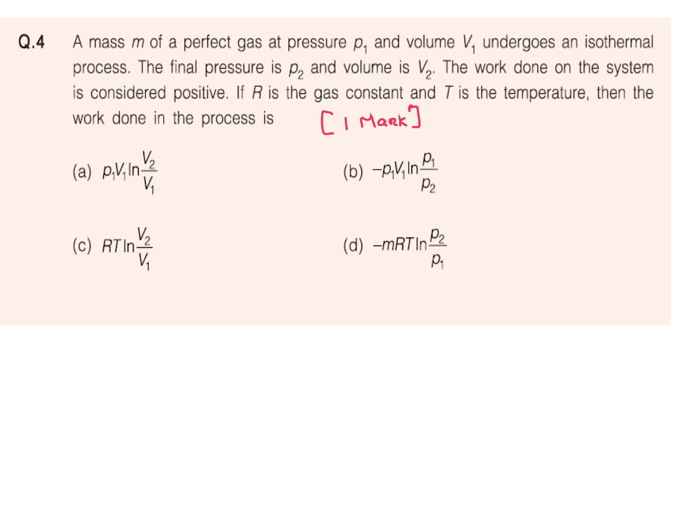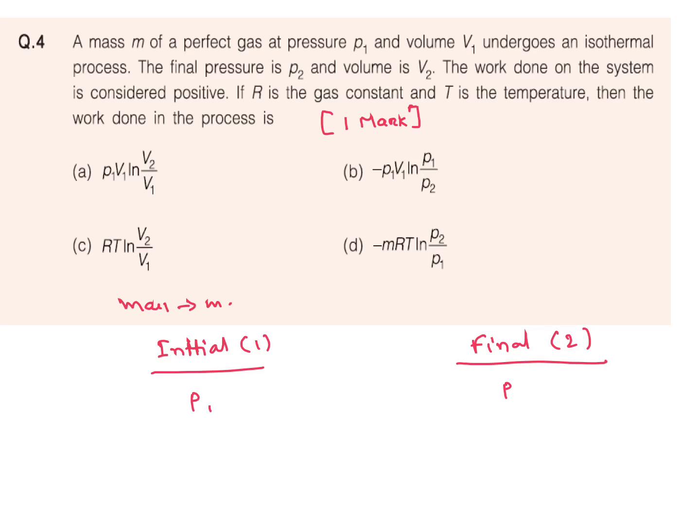Mass is M, initial condition, final condition. Initial is 1 and final is 2. Initial pressure is P1, final pressure is P2.